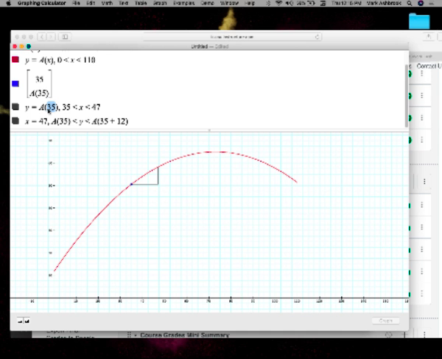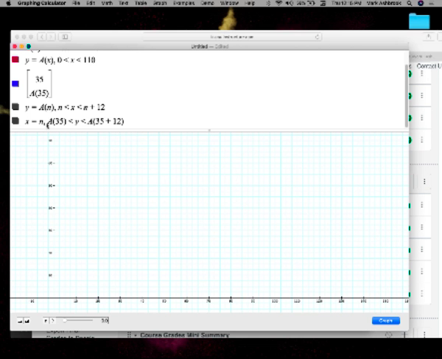If you make n that initial value, then you'll be able to change n. So it'll be A of n, and then n to n plus 12. And then this is going to be x equals n plus 12. Y goes from n to.